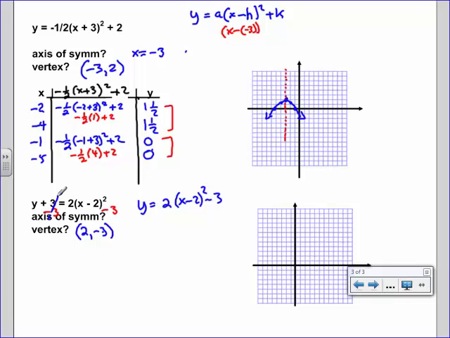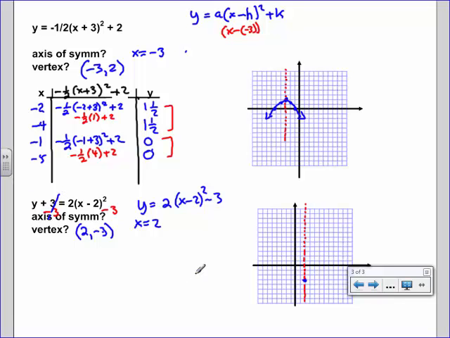And your axis of symmetry would be x equals 2. So if we plot the vertex of 2, negative 3, and we know our axis of symmetry, the line that cuts the parabola in half, is x equals 2.